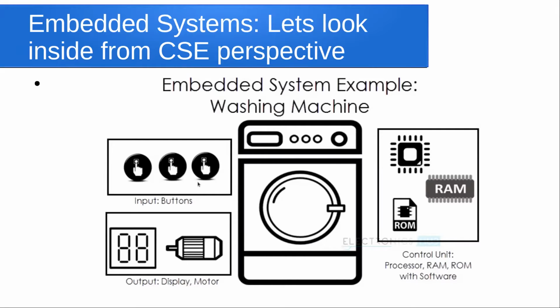So once an embedded system receives its input, the system is configured to deliver a functionality, and on turning on the play button on the washing machine, what it does is these inputs are read by the control unit. A control unit consists of a processor, including an inbuilt RAM, inbuilt ROM, and with some software that is running inside the processor.